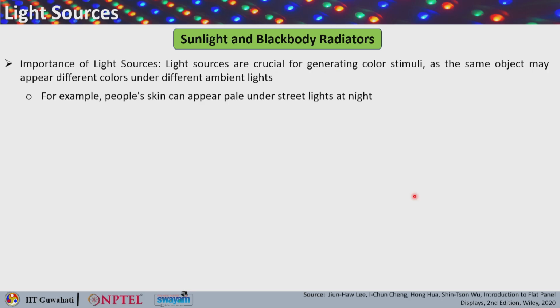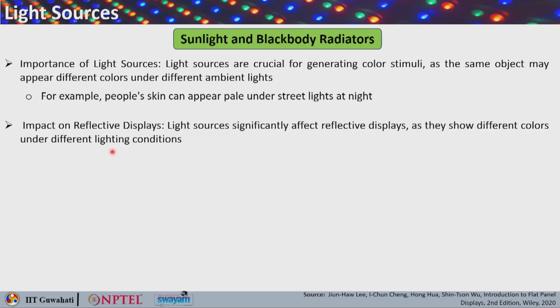The importance of color sources is that they are crucial for generating color stimuli, as the same object may look of different colors under different ambient light. Just like when you go for an evening walk, your skin may appear pale under the street lights at night.